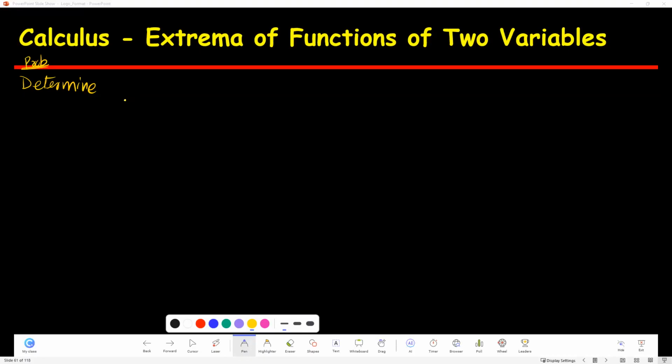Determine the absolute extrema. So it covers both minimum and maximum of the function. Extrema covers both the minimum and maximum of the function on the indicated region.